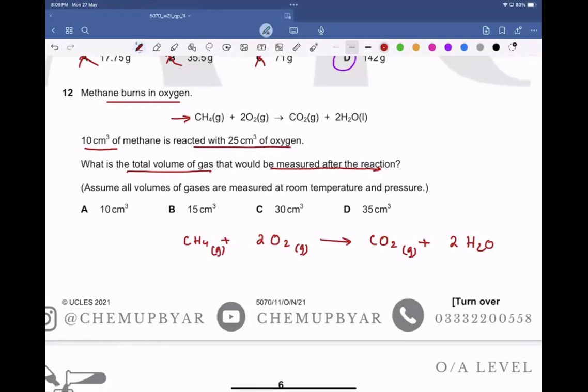This question is a little trickier. With 1 mole of methane, how many moles of oxygen are needed? 2 moles. So if 24 decimeter cube of methane is reacting, then 48 decimeter cube of oxygen is required. Is this understandable to all of you? Whatever the volume of methane is there, oxygen must be double of it. Is this understandable?